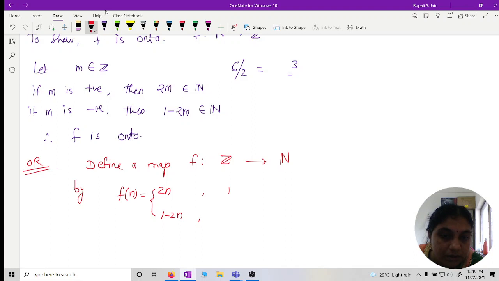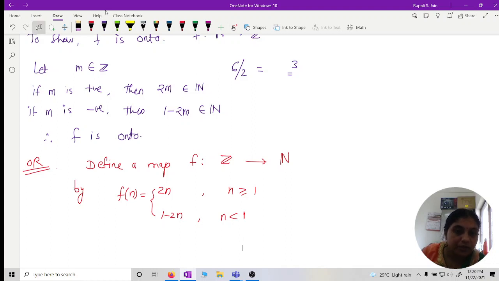For any n given, greater or equal to 1 positive, and if n is positive असेल तर 2 times n ना, yes, ma'am, positive, and if it is negative, less than 1. Is that okay? Yes, ma'am. Then it will serve my purpose. And that will be easy to check one-one and onto.